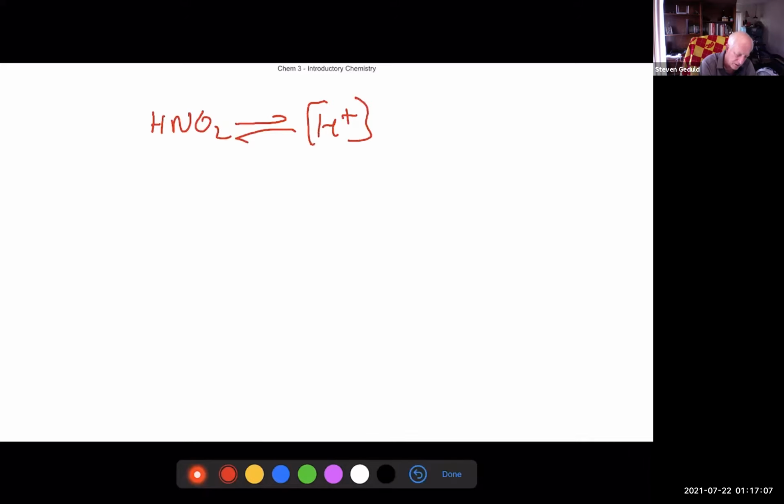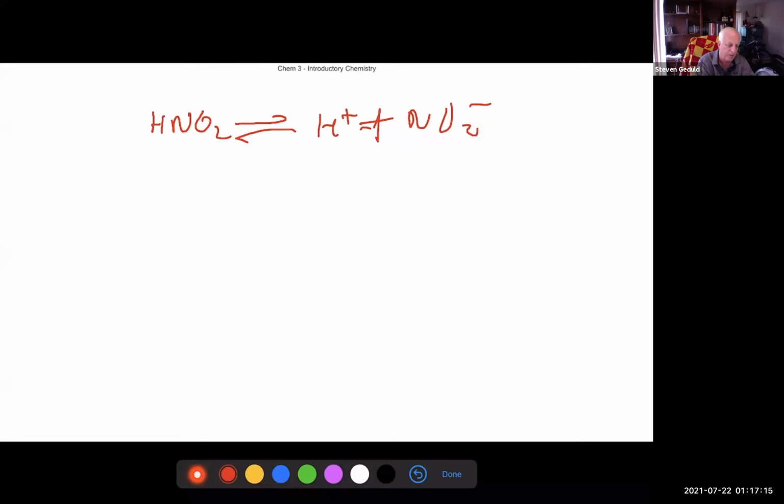Wow, I didn't put the concentration brackets on there. So for K equilibrium, it says the H plus concentration is 0.0140. It says the NO2 minus concentration is 0.0140.